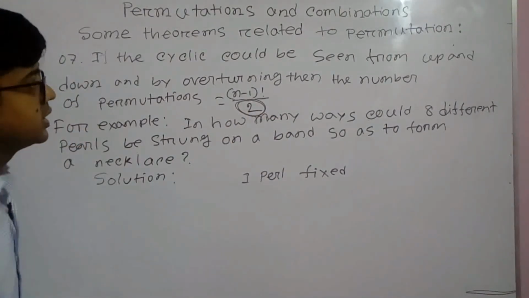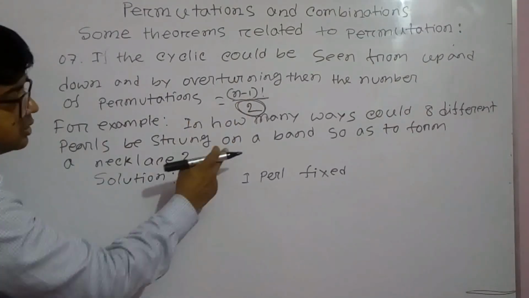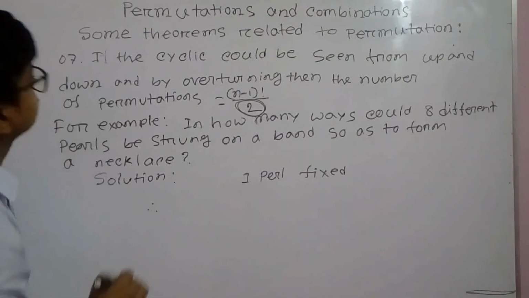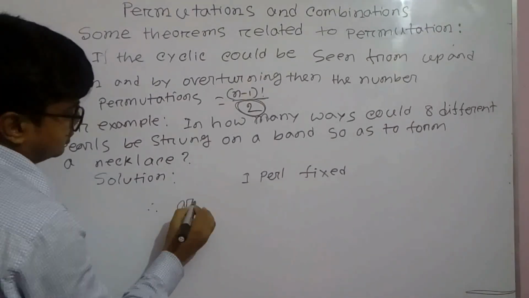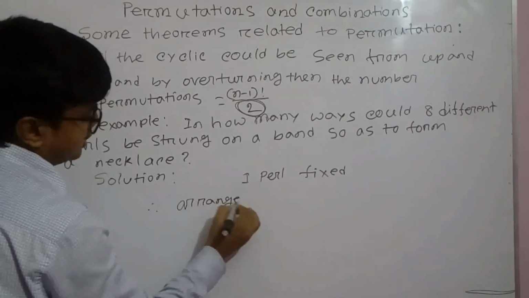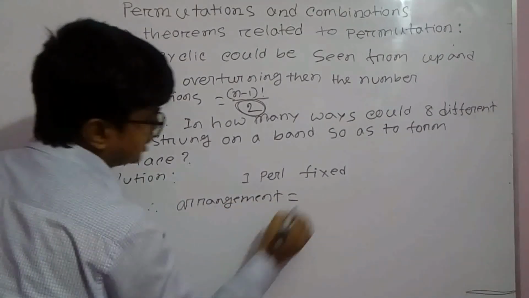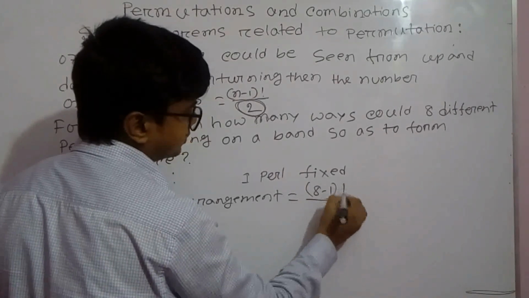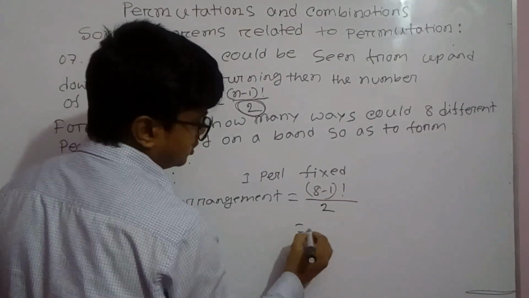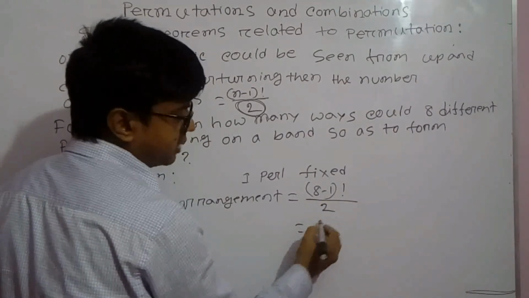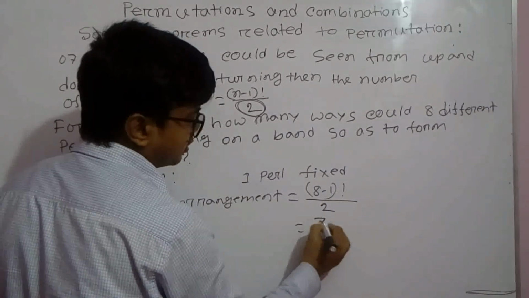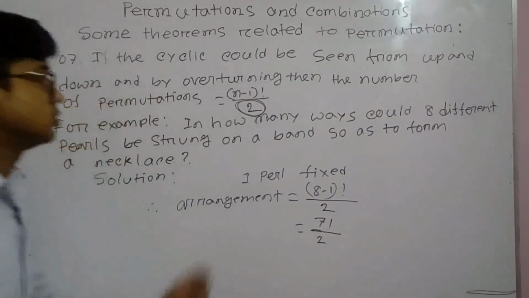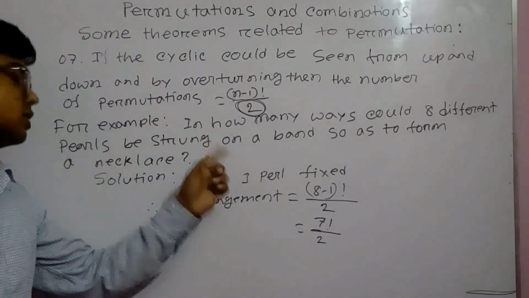So now we can apply this formula for this type of math. So the arrangement equals here factorial 8 minus 1 divided by 2. That means factorial 7 divided by 2, which is the required solution of this math.